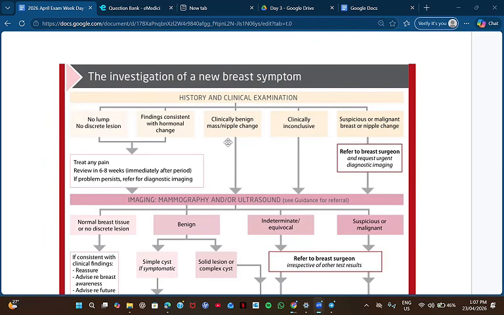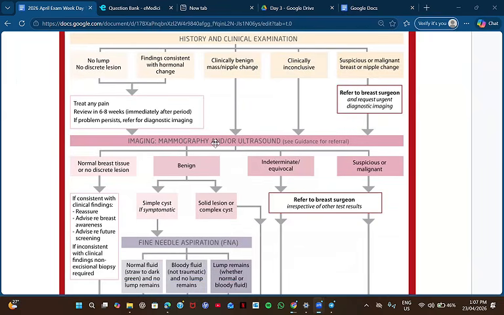Clinically benign mass or nipple change, or suspicious of malignant breast or nipple change. Initially we have to do the imaging, mammography or ultrasound, as the initial imaging. After the imaging only we decide how we should treat, whether it is a simple or a solid lesion.